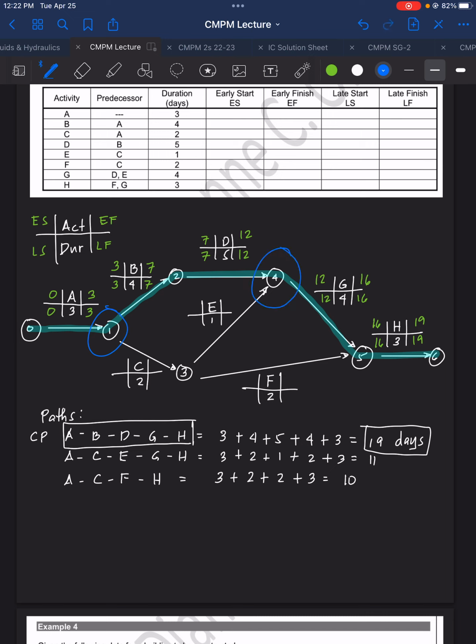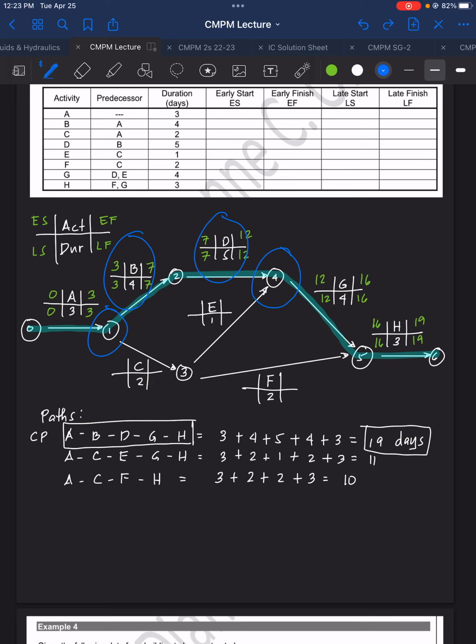Start node 1 and end node 4 is also the same for B and D, which is along the critical path. Look at this. B and D has 4 plus 5 days, so that is 9. While activity C and E has 2 and 1, so that is 3 days.